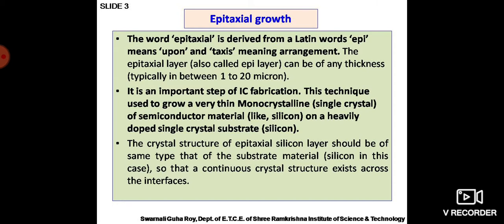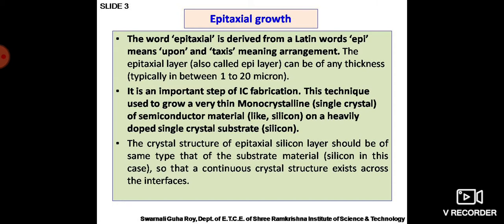I have already told you that initially we have taken the substrate. I hope you have drawn the substrate picture on your copy. You can see the rectangular substrate of thickness 200 micron on your copy, or you can see slide 2 also.